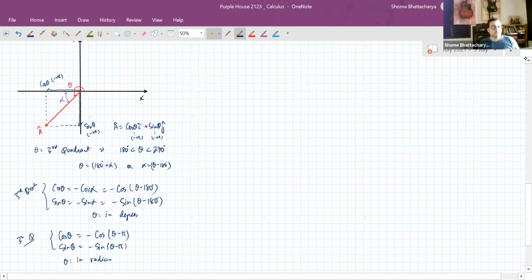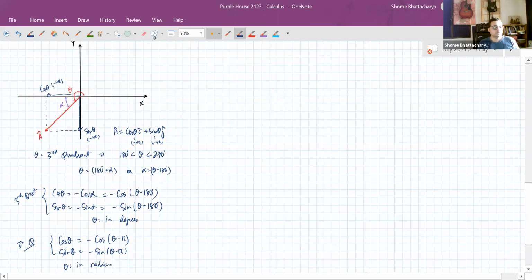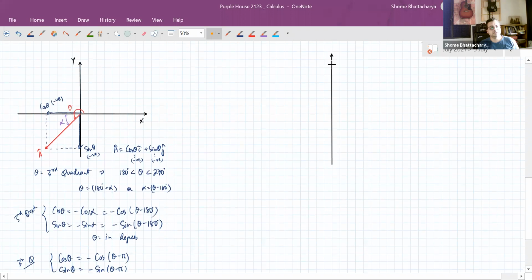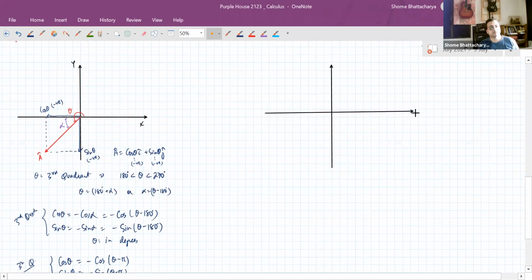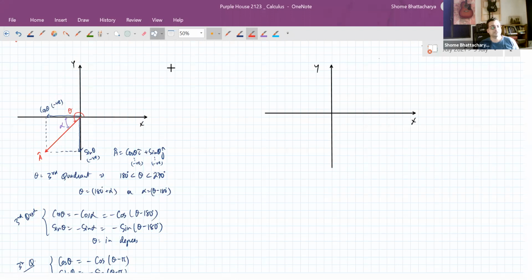Now, likewise, we'll complete the discussion for the fourth quadrant, then we'll do a couple of examples. So for the fourth quadrant, what is happening is that we should have rotated our unit vector in such a way that the angle by which we have rotated is bringing it like this to the fourth quadrant. So this angle is our theta.